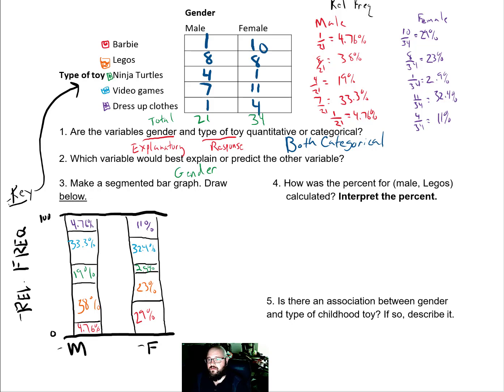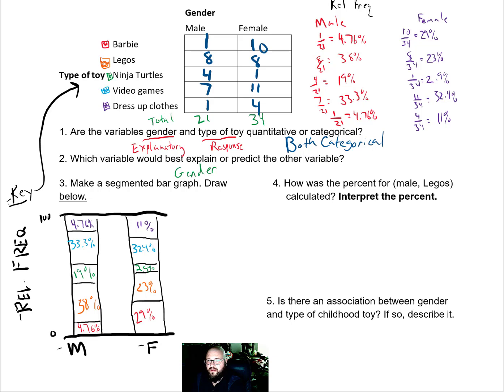Okay, so number 4, how was the percent for male Legos calculated? Interpret the percent. Well, if we go up here and look, the male and Legos was 8/21, right?